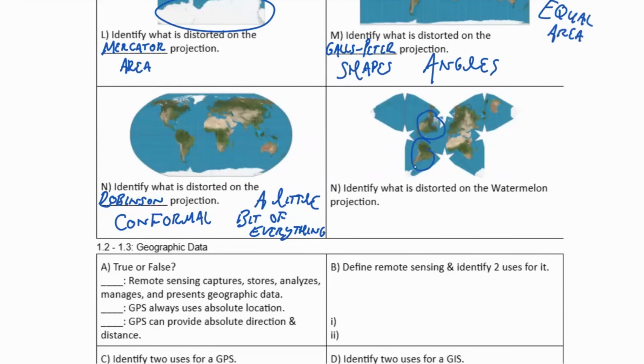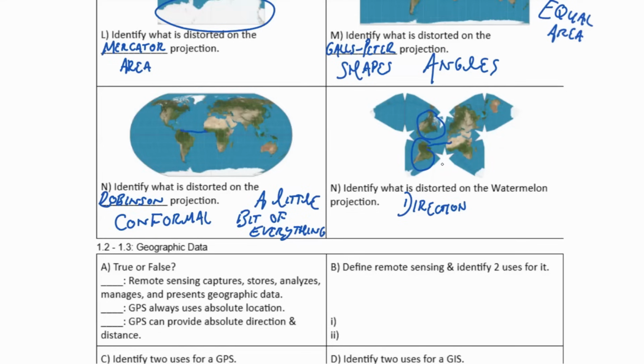However, what is distorted, and I think this is pretty clear, is the direction here. And you can just compare the Robinson projection to the watermelon projection. The directions here are definitely not that accurate at all. Like if I go directly right here on the top of South America, I'm going to go there. But if I do that here, I'm going to go here. And so those are clearly different places.